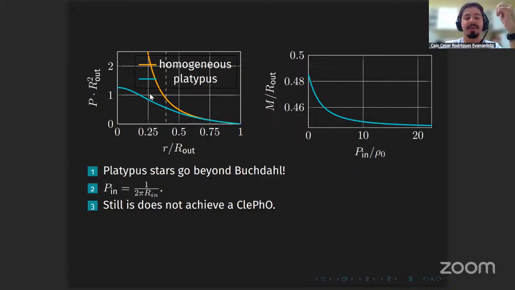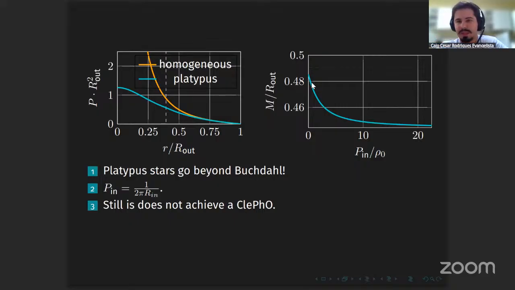However, the platypus is regular. So the platypus can go beyond the Buchdahl limit. However, its compactness is not that high. We can see that the compactness goes close to 0.49. However, it does not get that high, and we do not achieve a CLIFO, which is a clean photosphere compact object.